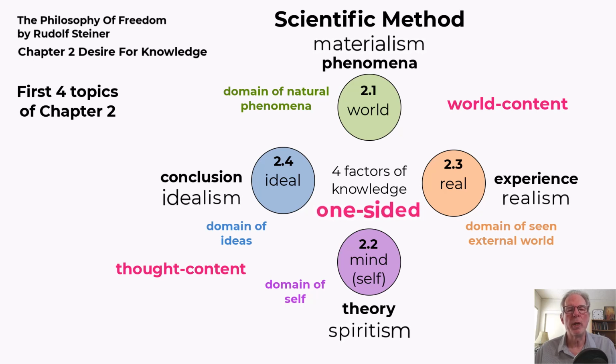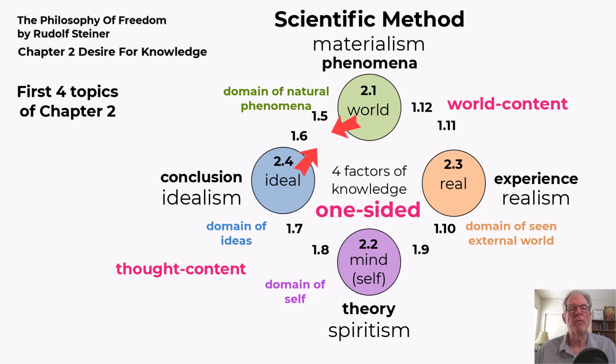It is up to the reader to put the chapter in motion by connecting the separate topics so as to reveal the complete scientific method. The remaining 8 topics in the chapter describe different relationships between these 4 main factors of the scientific method. So you can see that a broad-minded use of the scientific method is the way to pursue knowledge.